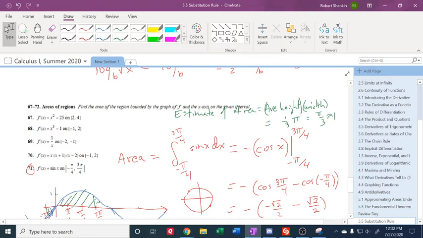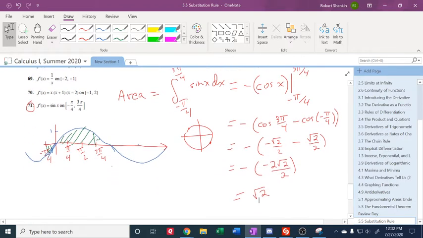Find the area of the region, and if it goes below the x-axis, consider that as a positive area. Because the definition of the definite integral is kind of loosely saying this: it's the area of the region, but you have to count regions below the x-axis as negative.